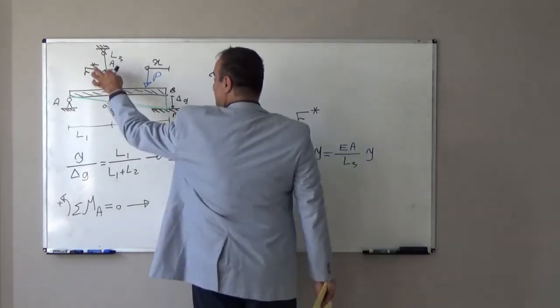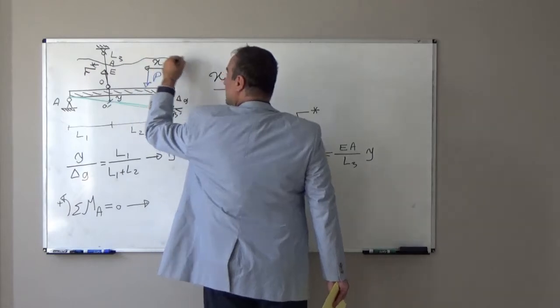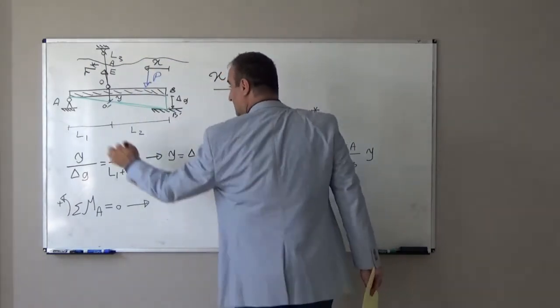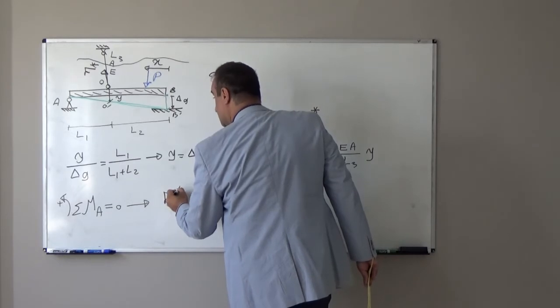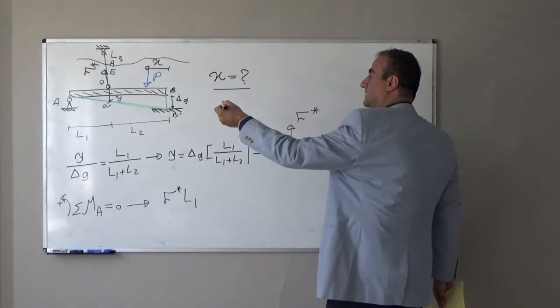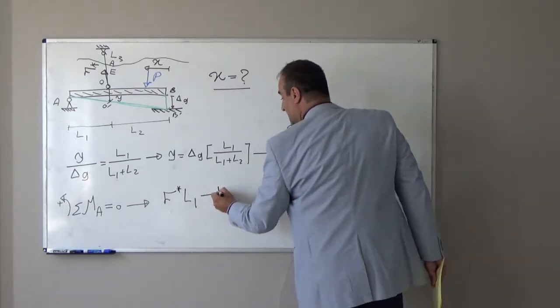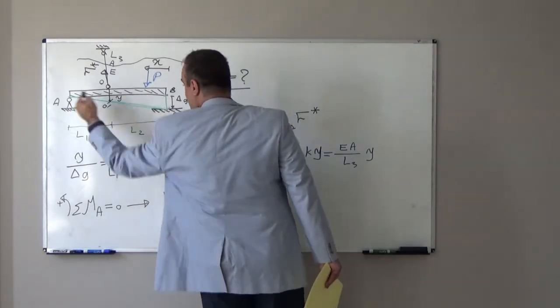I will have this internal force, if I cut it in a free body diagram like the external load, and if I take moment with respect to A, F star times L1 will create counterclockwise moment, minus P times the distance from here up to A.